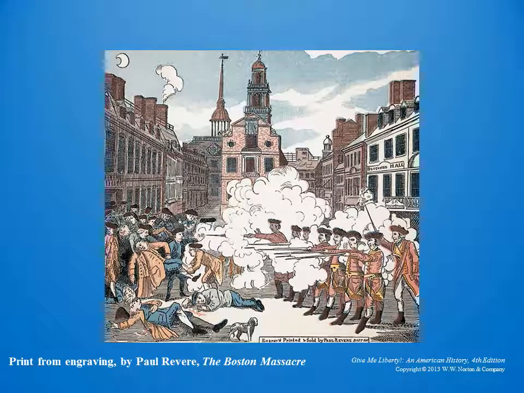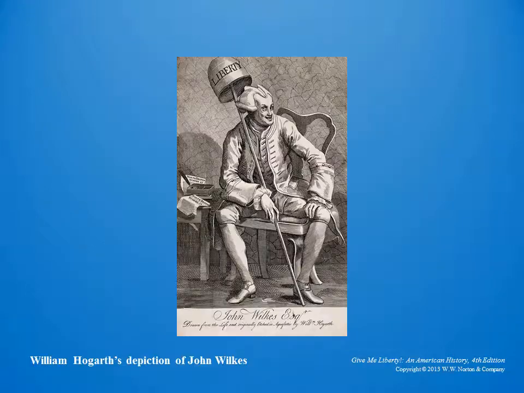You can see in this picture Paul Revere's engraving, the Boston Massacre. Again, remember that this was really an armed confrontation between the colonists and the British military. This was not a massacre as Paul Revere depicts it, in which unarmed citizens are fired upon by the well-trained British army.